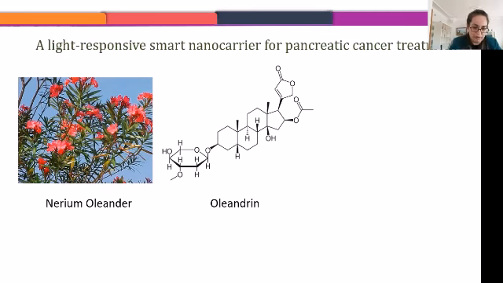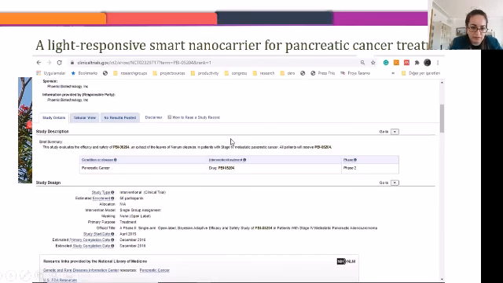So oleandrin has a possibility to also treat pancreatic cancer patients, because there is a phase 2 study going on right now on a cold extract of the Nerium oleander leaves. This is a direct extract, not pure oleandrin, and it has been in phase 2 studies for the last 5 years.